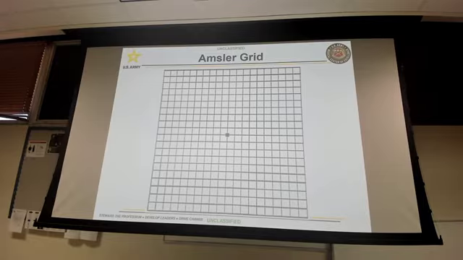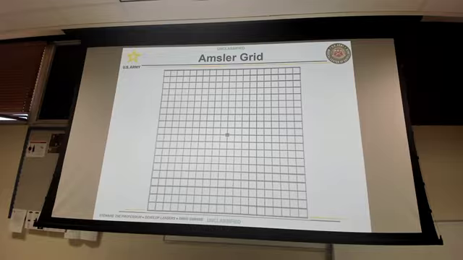So this is that Amsler grid test, right? The center part is the fixation target. I typically ask my patients 4 questions. We do this one eye at a time, and because they're older, we'll have them put on their reading glasses. I'll tell the patient, Mr. So-and-so, can you see that center dot? And they'll say yes.